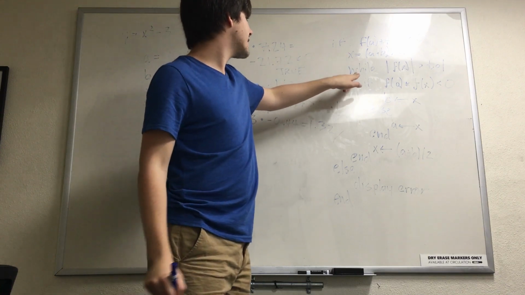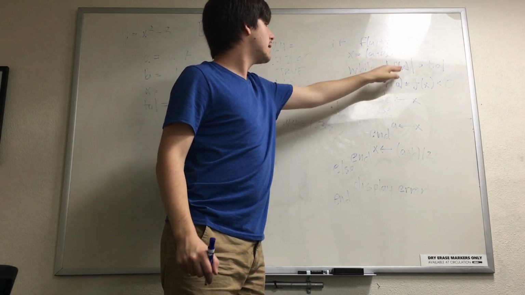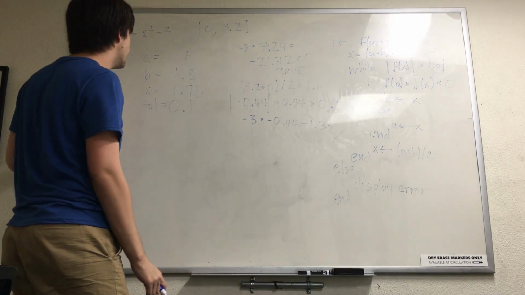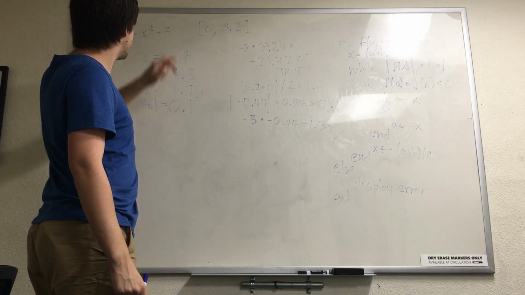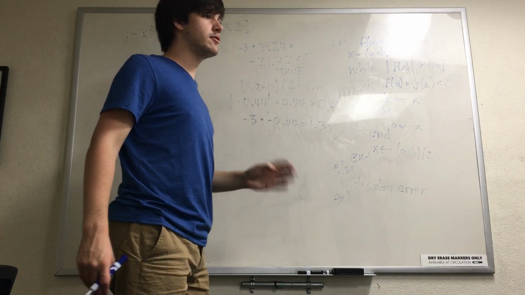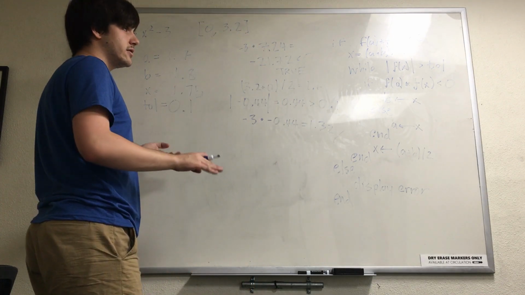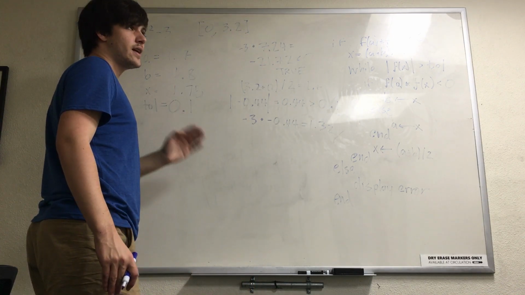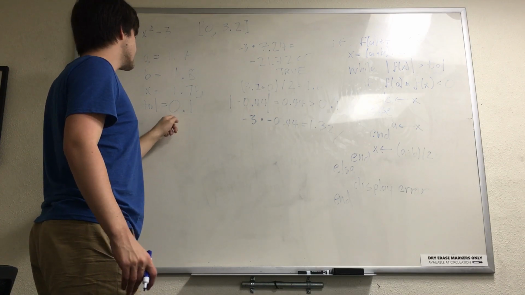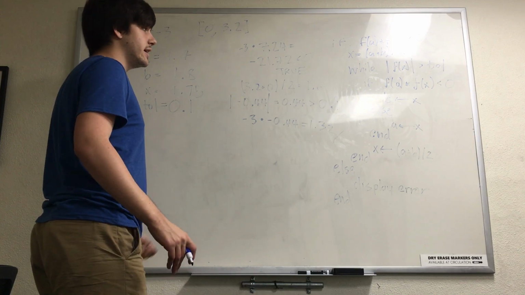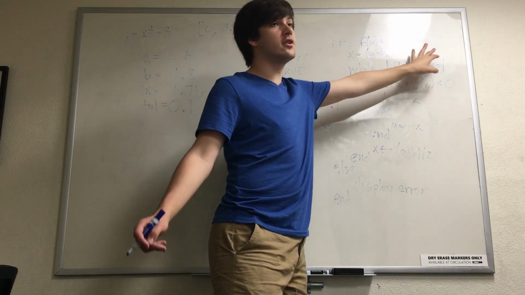Okay, then we go back to this while statement. While absolute value of f of x is greater than tolerance, and when you compute f of x, it'll end up being positive 0.0625, which is actually less than our tolerance. And so this ends up being false.